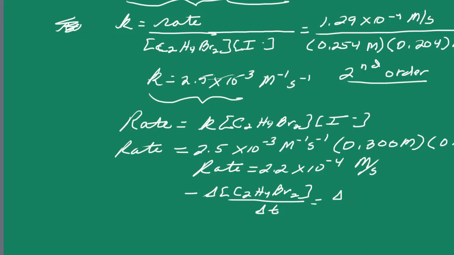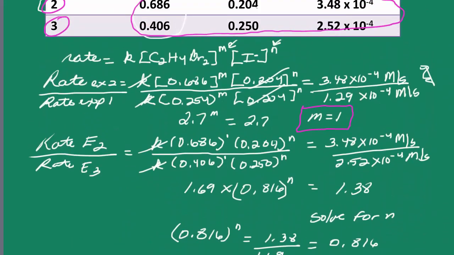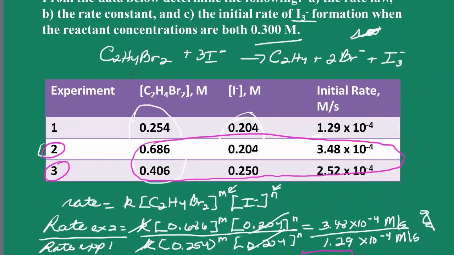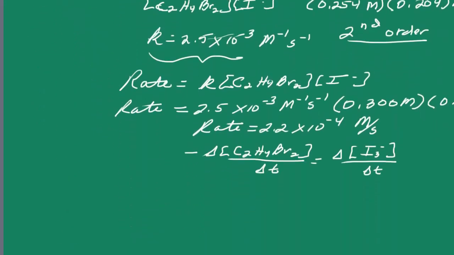Sorry guys, I'm having a little trouble here. Okay, and let's look at the reaction here. We have a coefficient of 1 here and a coefficient of 1, so this would be correct in representing the formation of the triiodide ion.